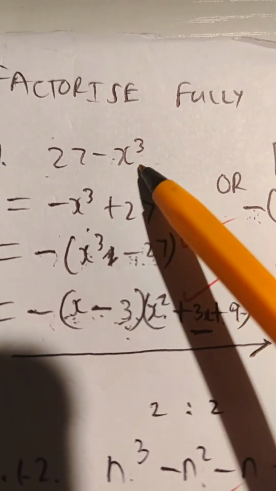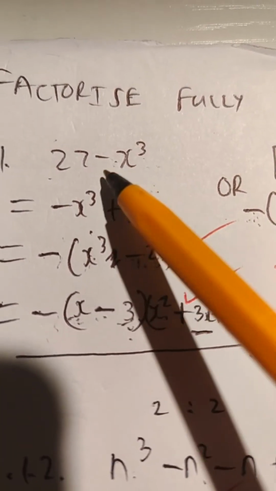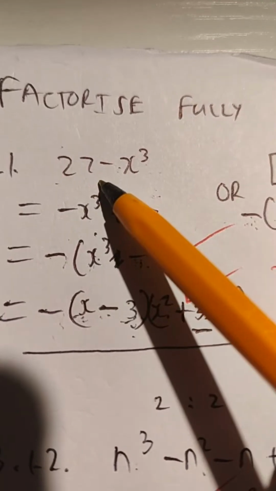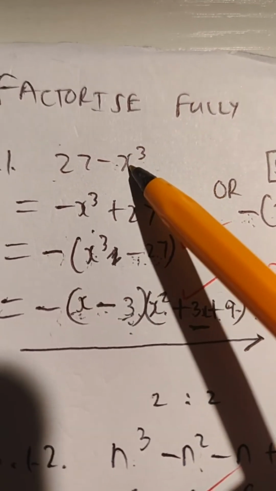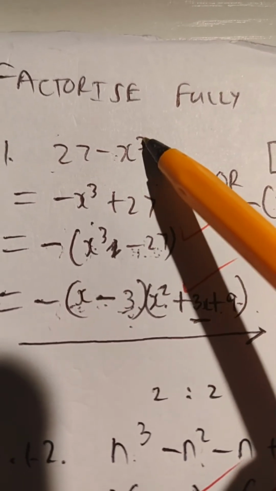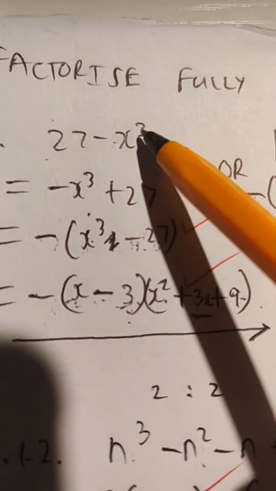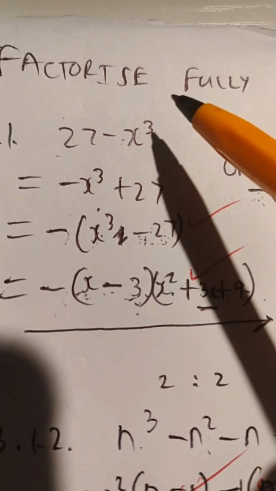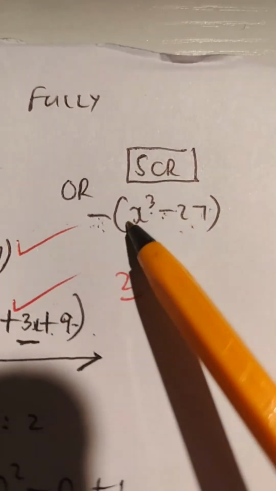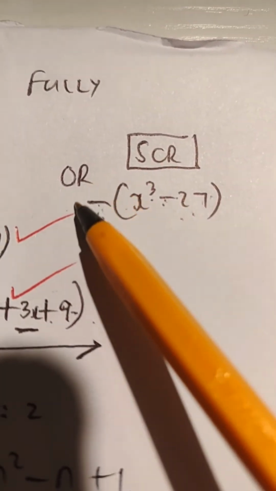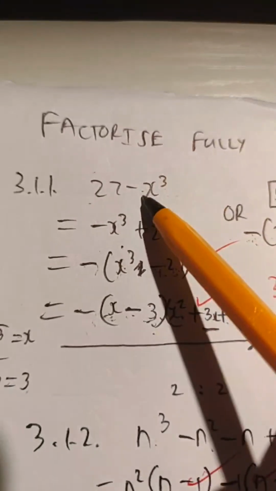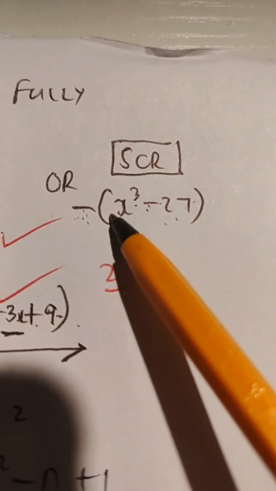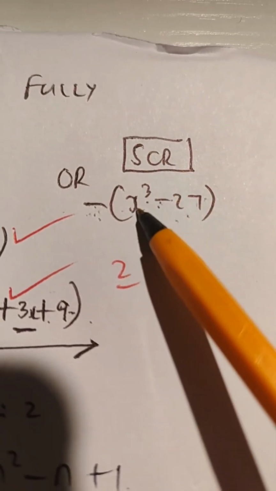These are two terms, but what you notice is that we have a constant term at the beginning, whereas we are ending with a variable with an exponent that is 3. So this is a situation where if we apply the sign change rule, we take out a negative sign and then we swap around the x cubed and the 27. And by so doing, the sign change rule has been applied.